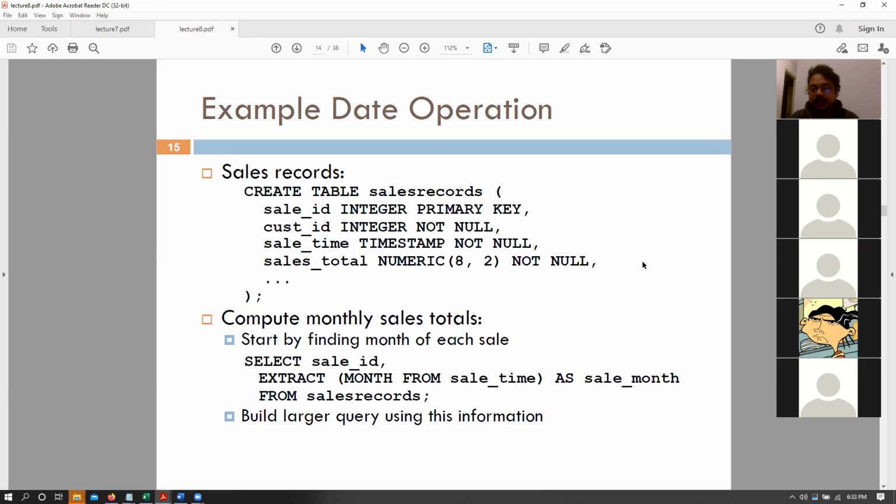We can imagine that this would be recording all the sales that a particular shop makes. And let's say that you would want to get a graph of which months are more susceptible to poorer sales, or which months would have more sales compared to the average.